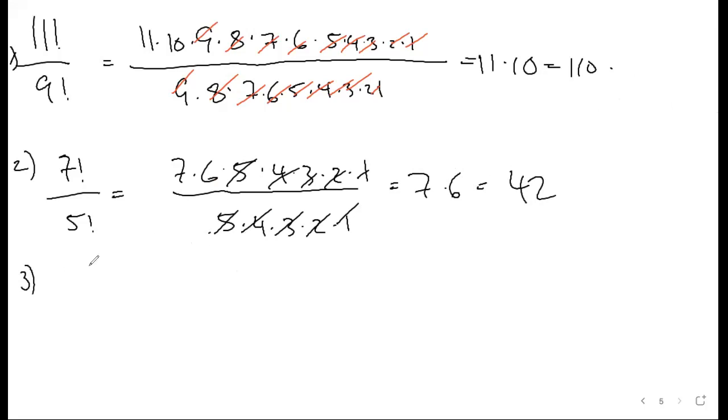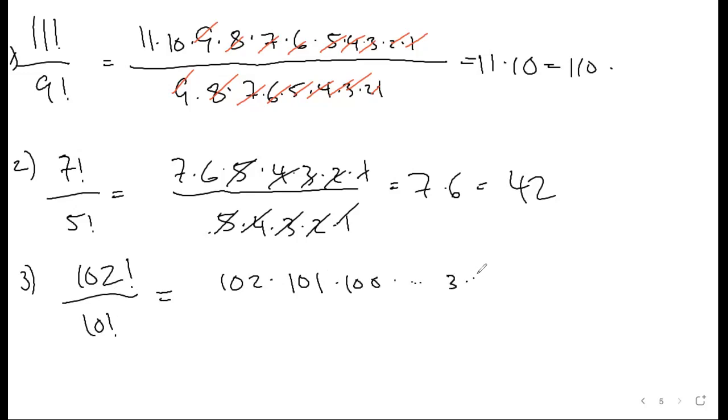Okay, Maria's question is, what happens if you have really big numbers like 102 factorial over 101 factorial? Well, you don't have to write everything out, but just draw a picture for yourself of what this might look like. So this is 102 times 101 times 100 times blah, blah, blah, 3 times 2 times 1. And on the bottom, you have 101 factorial, which is 101 times 100 times blah, blah, blah, 3 times 2 times 1.